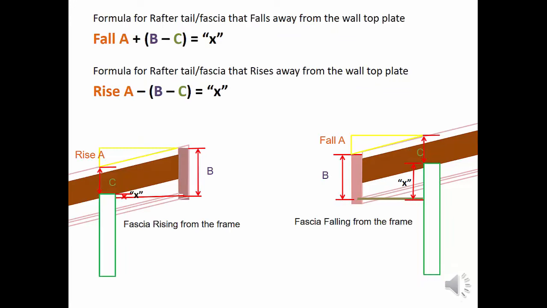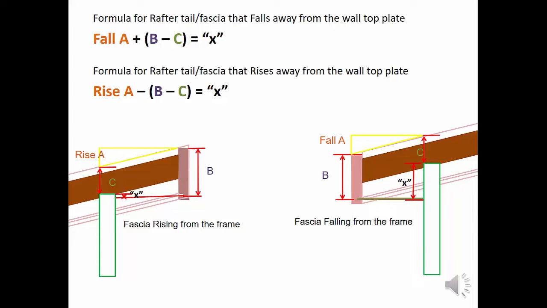Now, if you're wondering why we have brackets in that formula and think that they're not necessary because the calculation will work without them, you're absolutely correct. Fall A plus bracket B minus C, close bracket would work even if those brackets didn't exist in that formula.